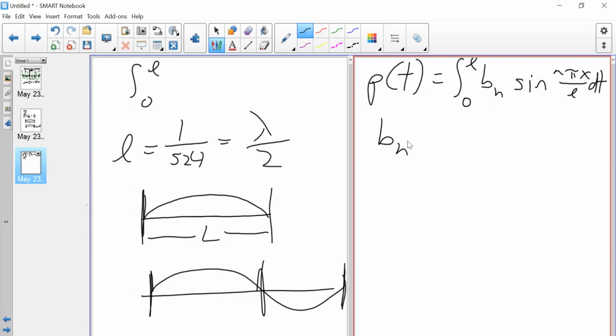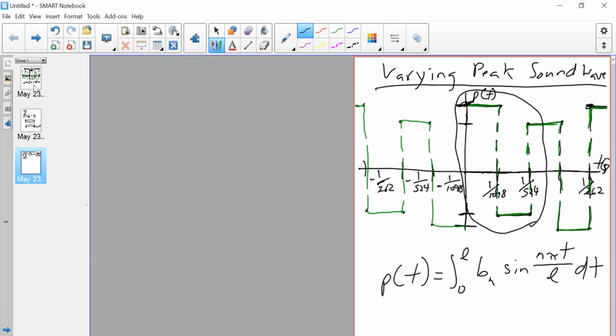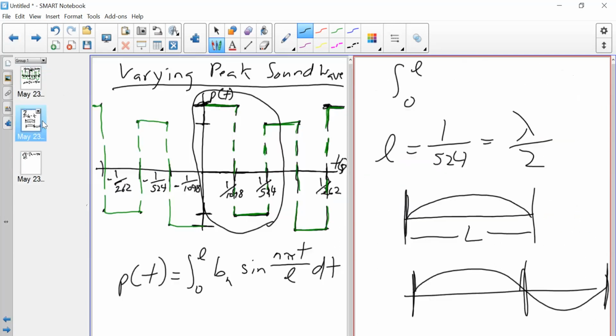So again, the B sub n's, we're going to find those. In this video, we need to find all of the coefficients that correspond to all of the wave functions that make up this wave that we see on this screen. So basically, there are going to be many waves to make up this form.